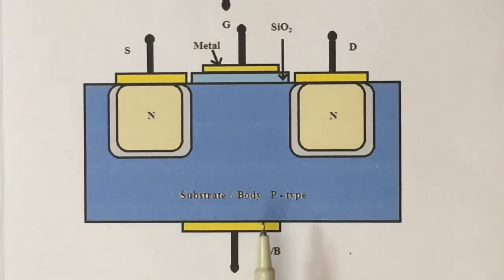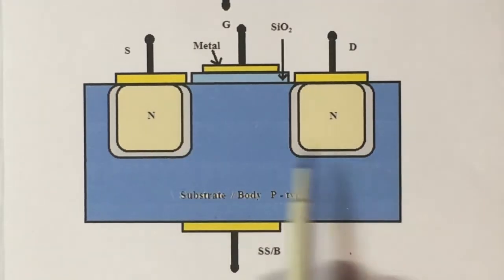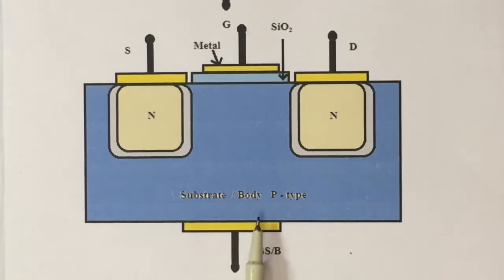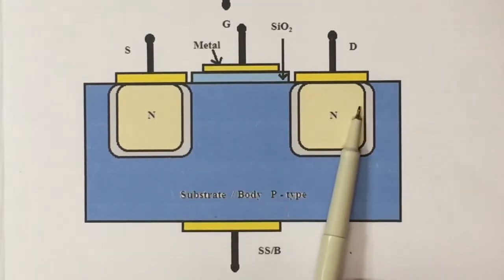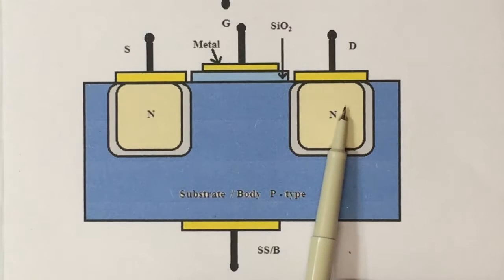In this figure, the construction of N-channel enhancement type MOSFET is shown. First, we will see the larger area, that is in blue color. This is the substrate or body, which is of P-type semiconductor. The substrate is a layer over which we will fabricate our device. We can see that there are two small regions of N-type semiconductor.